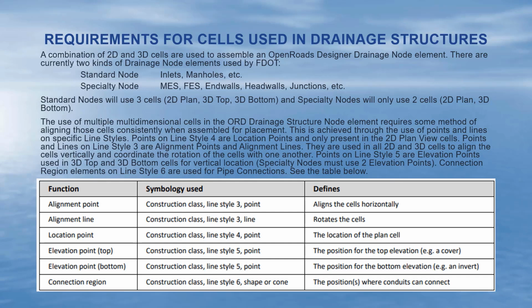A location point, which, as I said earlier, is only in the 2D plan view cell, is actually the point that you use when placing the cell in the 2D view so that you have a reference point. It is a construction class line style 4 point.